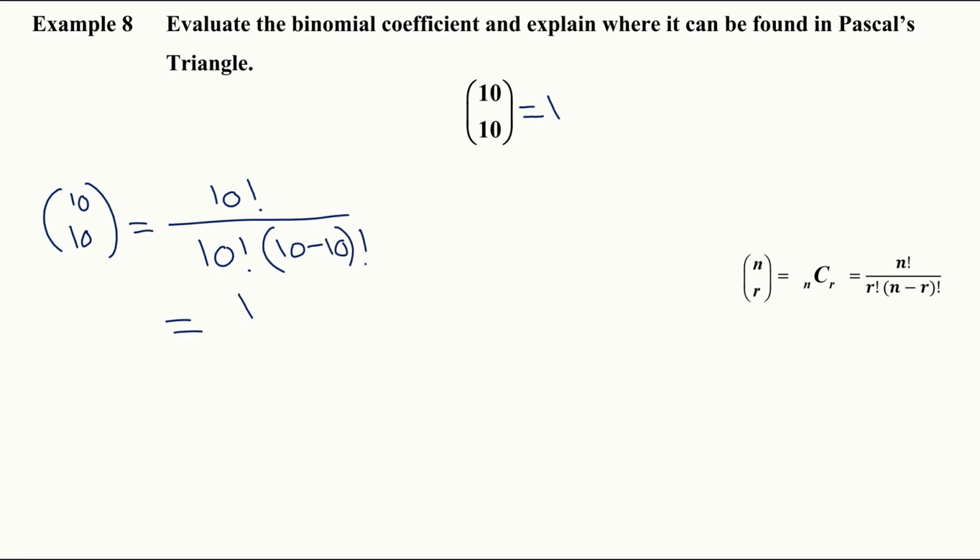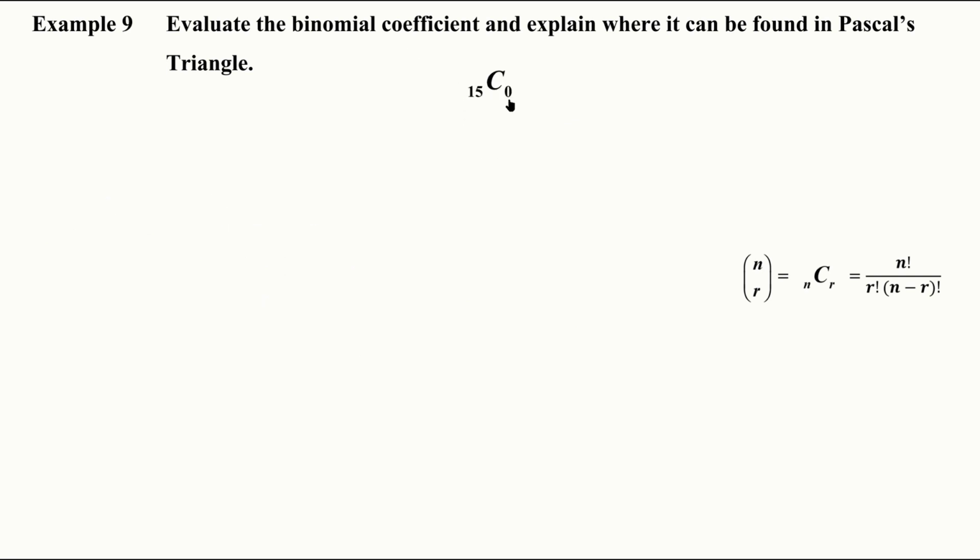So basically it's 10 factorial divided by 10 factorial times 0 factorial. Remember what 0 factorial is? That's 1. So it's 10 factorial divided by 10 factorial, which is what? 1. Just as we expected it to be, right? So understanding the connection between these and Pascal's triangle can help you be more efficient.